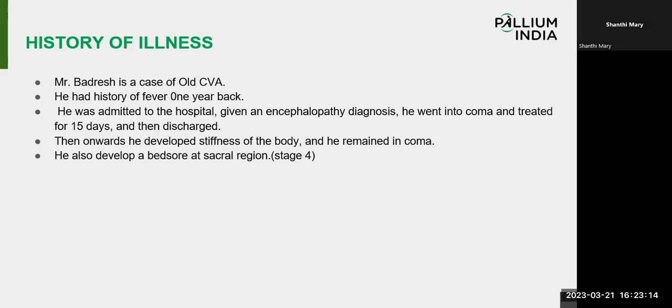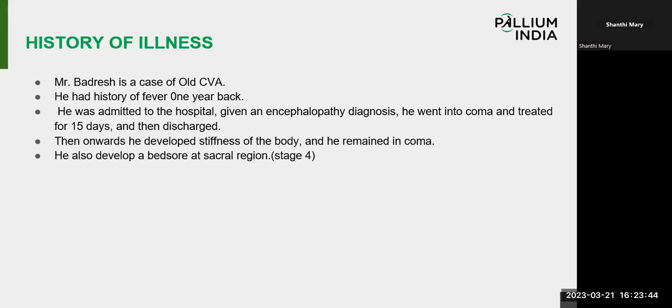Mr. Badresh is a case of old CVA. He had history of fever 1 year back. He was admitted to the hospital, given an encephalopathy diagnosis, and he went into coma and treated for 15 days, and then he was discharged.